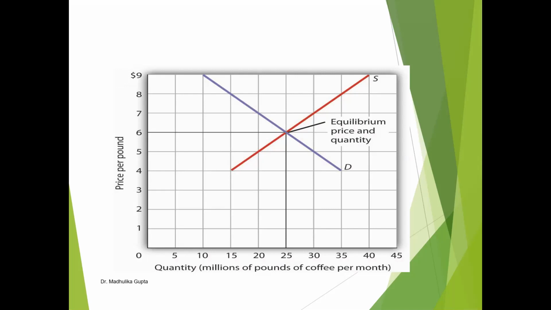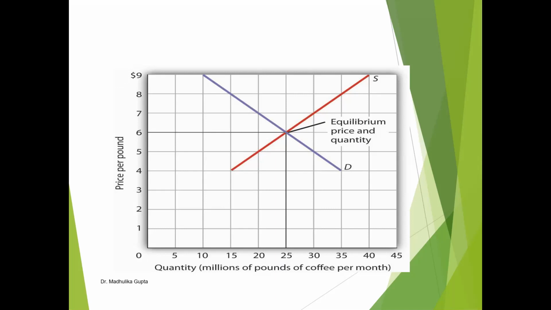So when we combine the demand and supply curves for a good in a single graph, the point at which they intersect identifies the equilibrium price and equilibrium quantity. Here in the graph, the equilibrium price is $6 per pound, and consumers demand and suppliers supply 25 million pounds of coffee per month at this price.